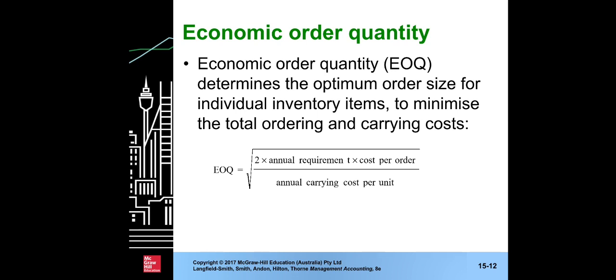Okay, this is still about the traditional way of managing inventory. This is the economic order quantity. It is used to determine the optimum order size for individual inventory items to minimize the total ordering and carrying cost. This is the formula.